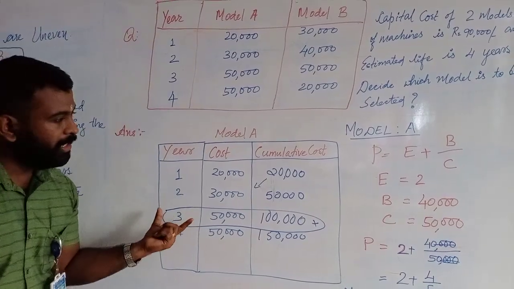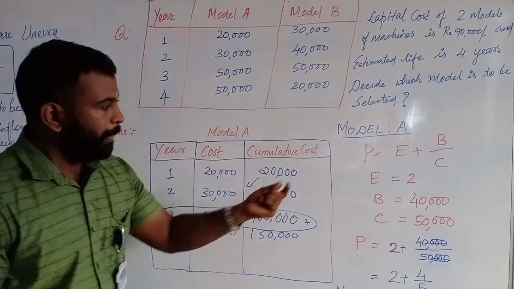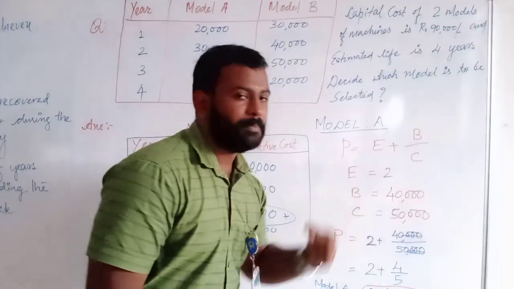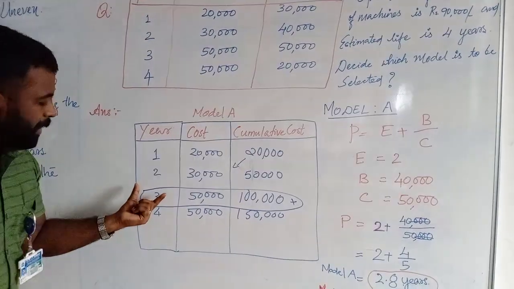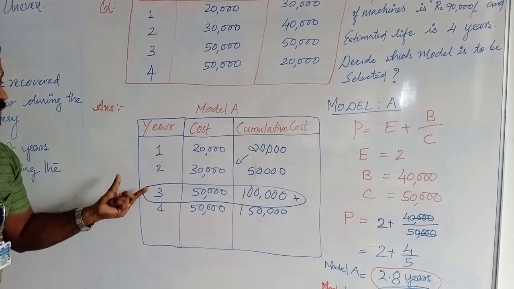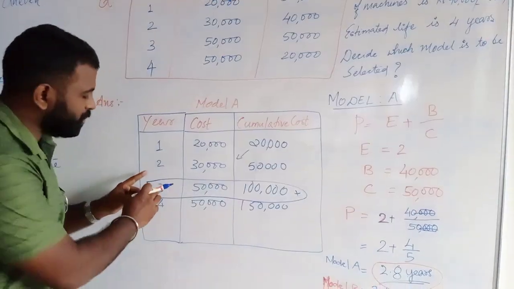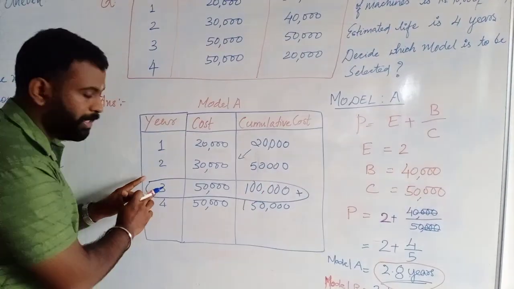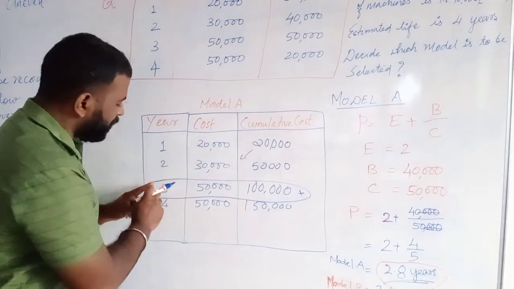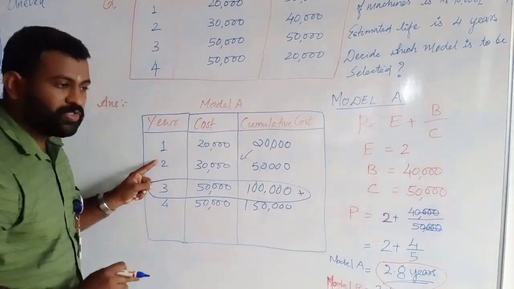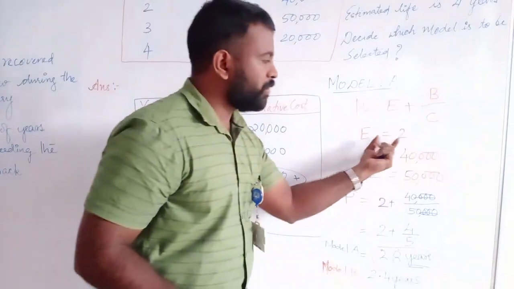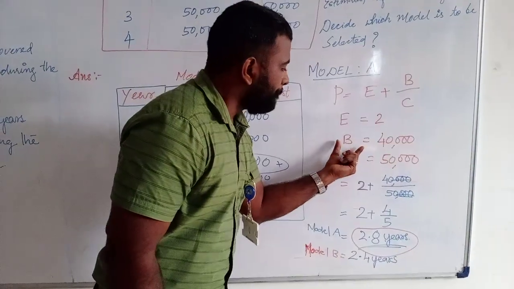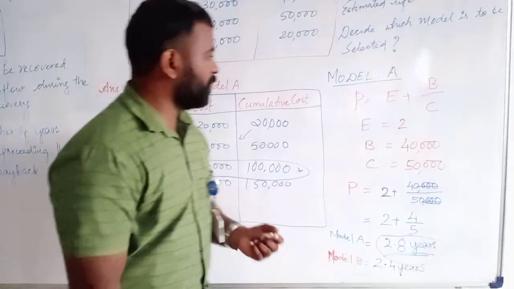For that, we are using the equation P is equal to E plus B by C. Here E is the year immediately preceding the payback year. The payback year is the third year, so E is equal to 2. Then B is the balance to be recovered.